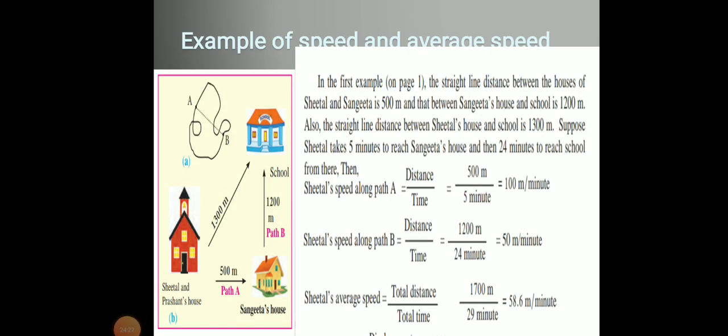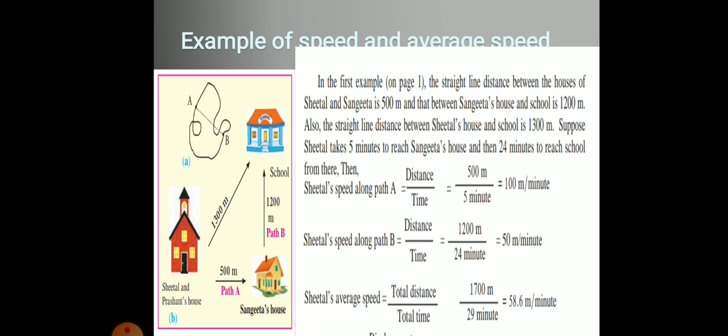Suppose Sheetal takes 5 minutes to reach Sangeeta's house and then 24 minutes to reach school from there. Then what is Sheetal's speed along path A?